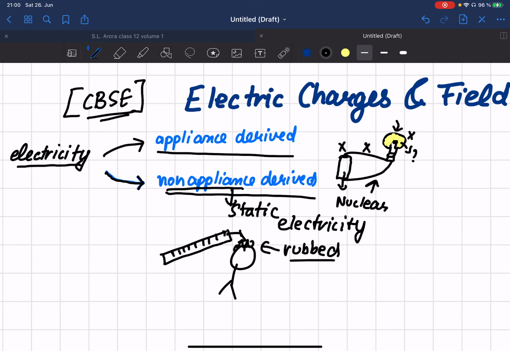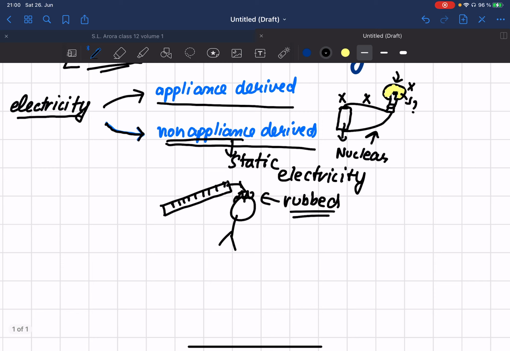When you rubbed it and then took the scale close to some papers, what you observed was that the papers tend to get attracted.